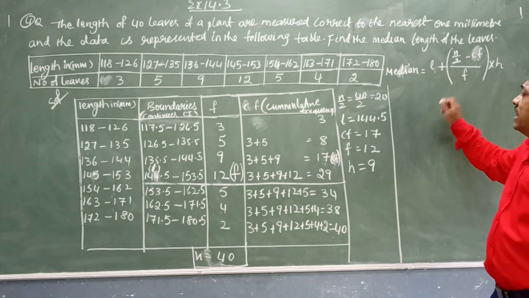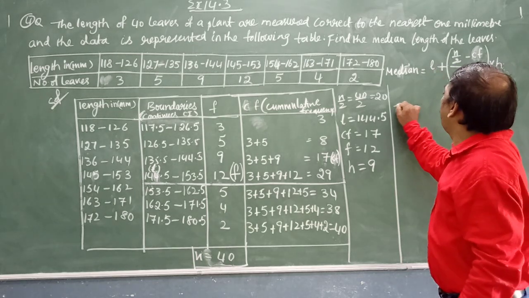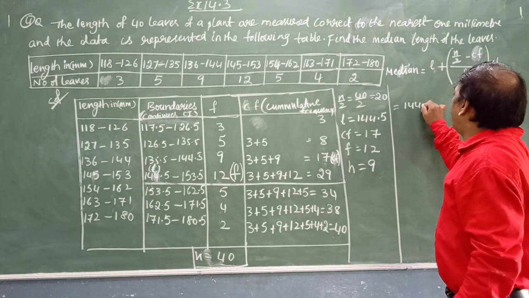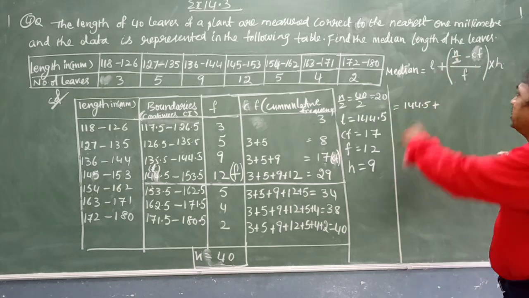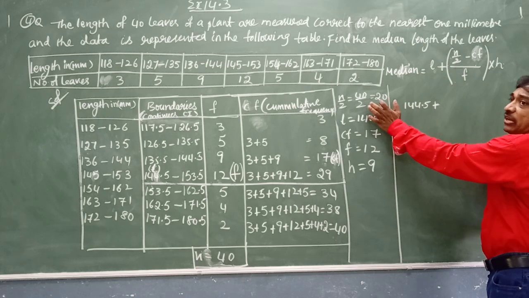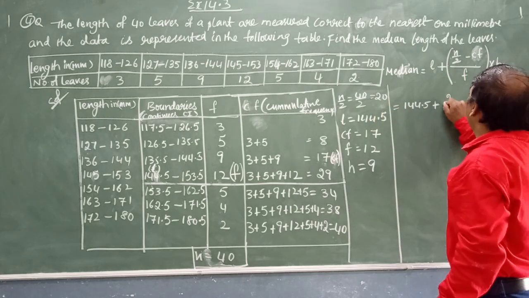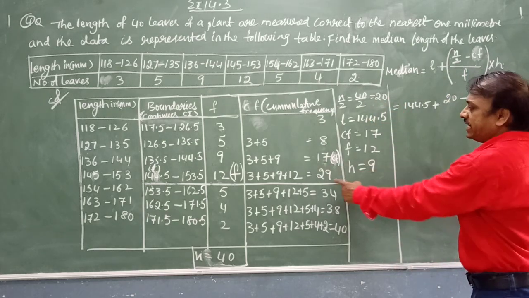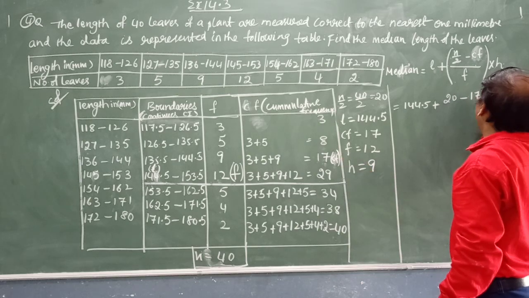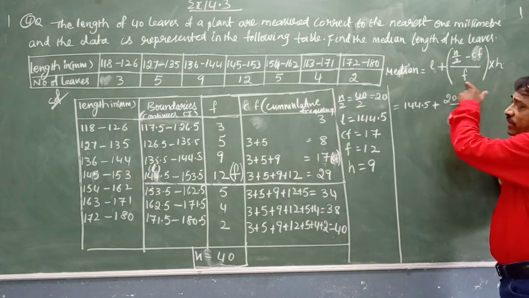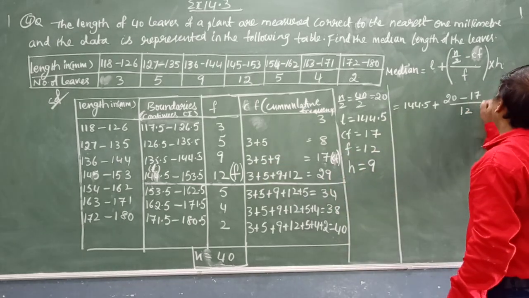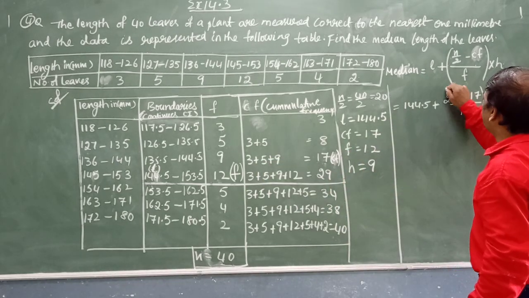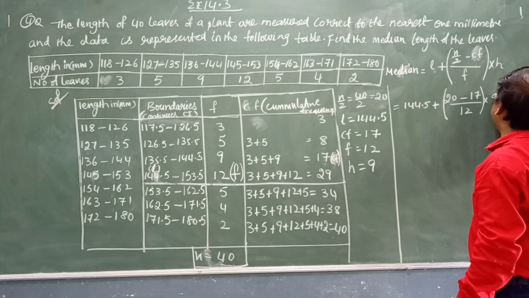L plus, L value is 144.5, plus N by 2, that is 20. N by 2 value we already calculated, that is 20. 20 minus CF, that is 17, by F value, 12, into H, the class size, that is 9.